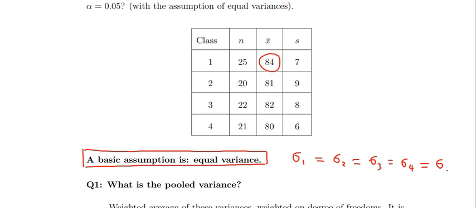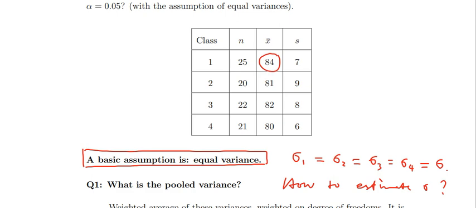Now we have this question: how do we estimate this sigma? If we want to replace this one sigma, since now we have only one sigma, how can we replace it?